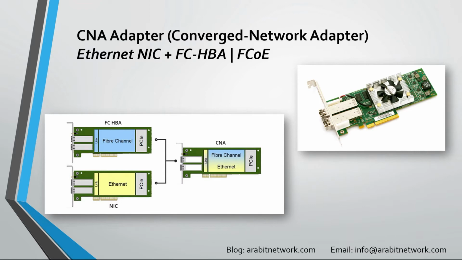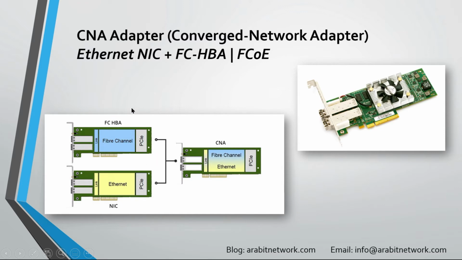This physical card actually has two virtual cards in it, so it could serve both protocols: as a storage adapter, a Fiber Channel HBA, and also as an Ethernet adapter in the same card using the same physical fiber optic cable.